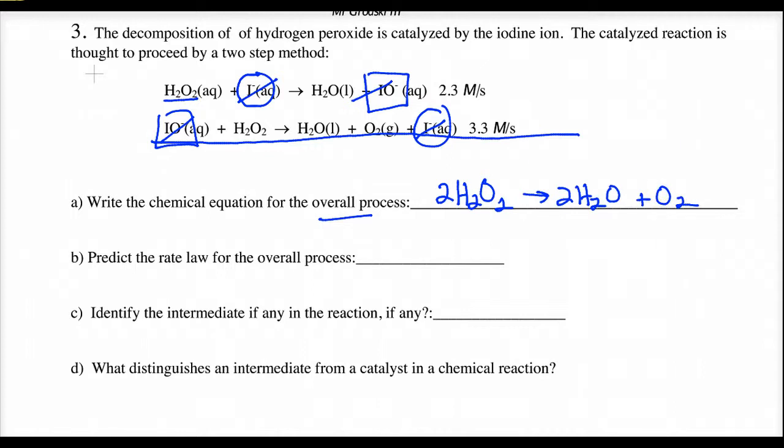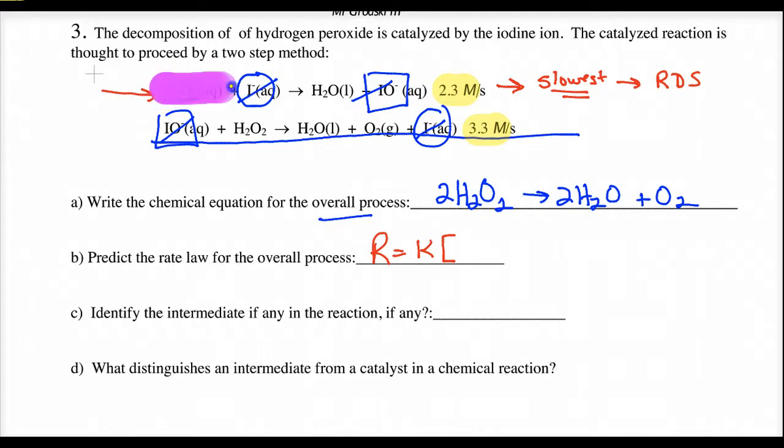Now, when they said predict the rate, I'm going to look how fast the reaction occurs. And I see that this is the slowest step. The slowest step is the what? The rate determining step. We are only as fast as our slowest step. So the rate law, which is equal to K times the concentration of what is in my slowest step. So this is my what?